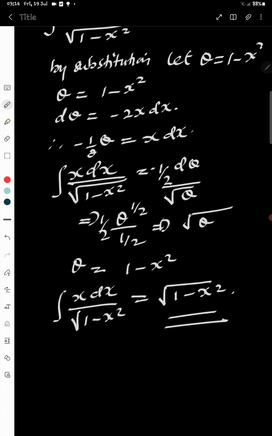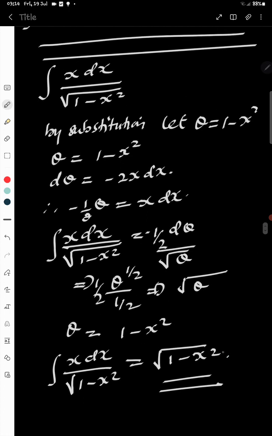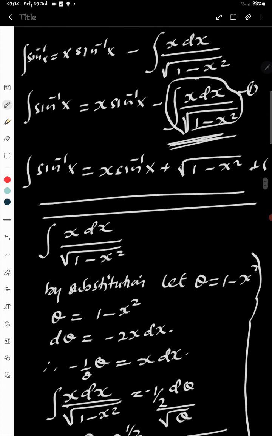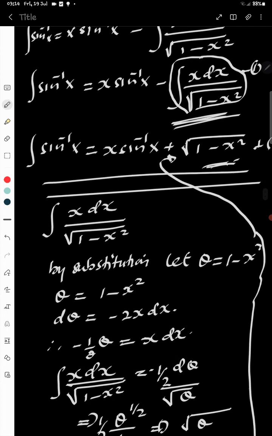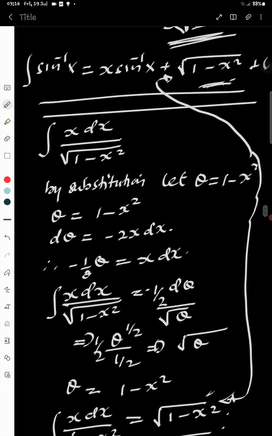This is how I have obtained this. This was the simplification, the solving of this integral.